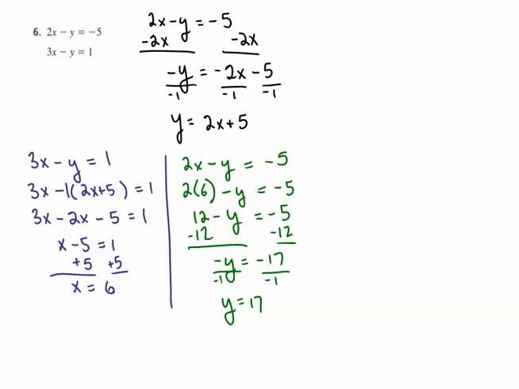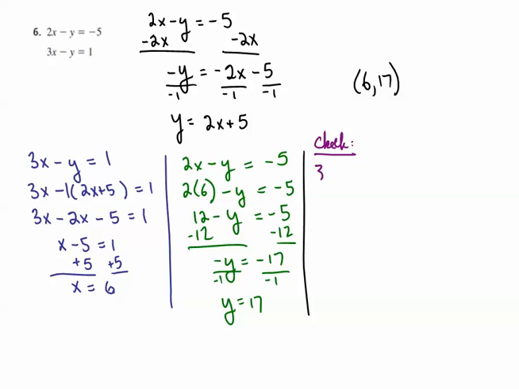Now my ordered pair solution then would be x is 6, y is 17, and I need to test that out. I use the first equation, then the second, then the first. Now I'll use the second. Again, the order doesn't really matter, but if you use the first one first, then you use the second one to get x. If you use the second one next, the first one next, you're going to use the second one to check.